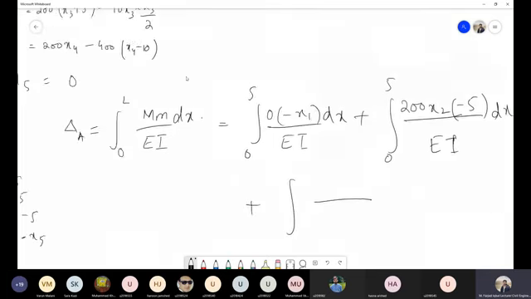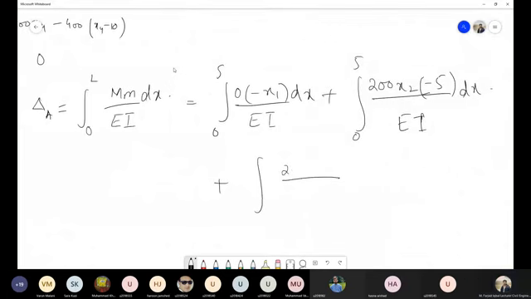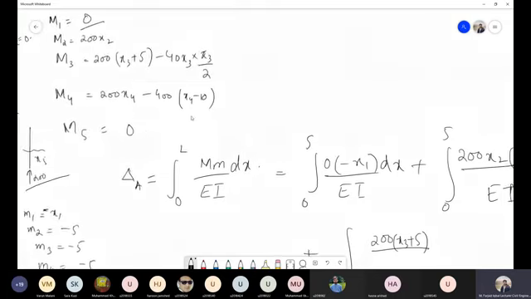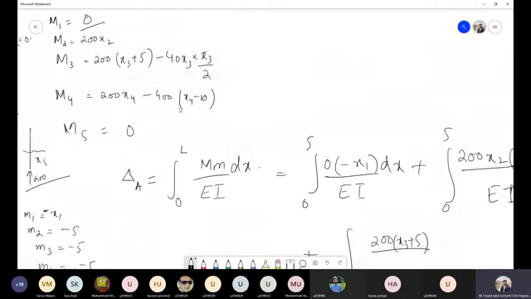What will be the limits? So 5 to 10. The limits are 5 to 10. The moment is 200 into x3, where is the equation? We should have simplified it a bit. 200 x3 plus 1000 minus 40 x3, or that will be 20 now, 20 x3 square.